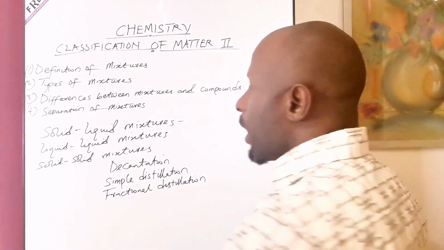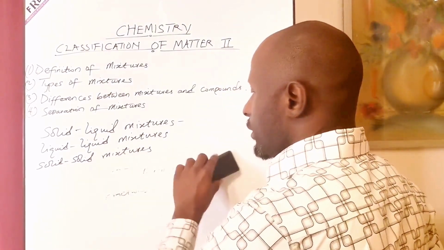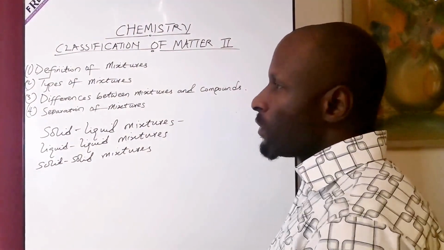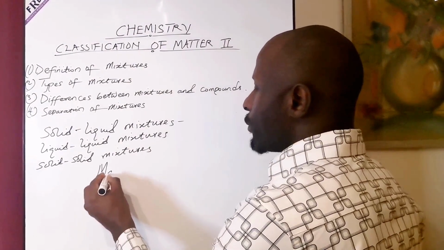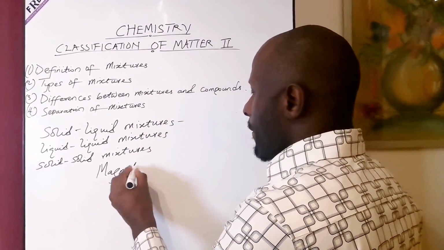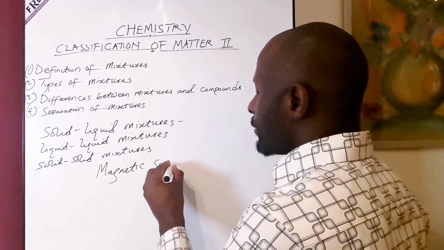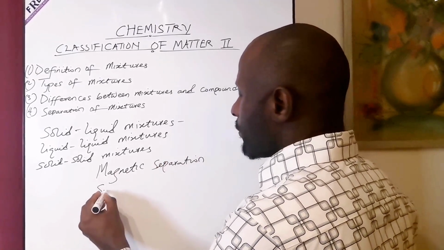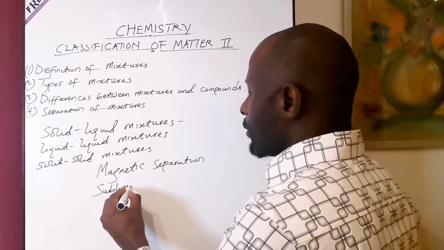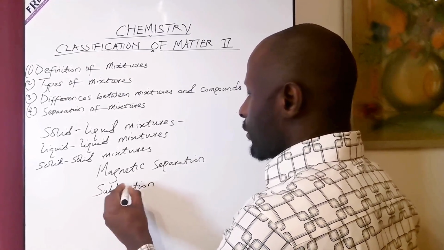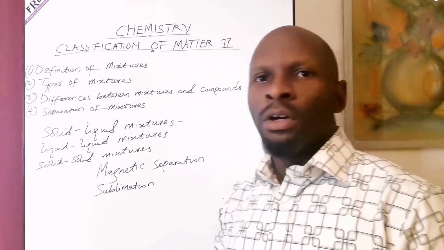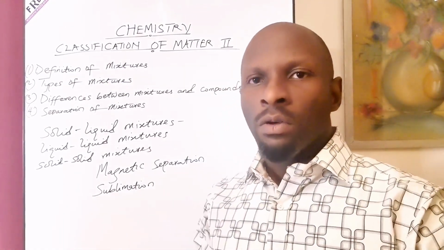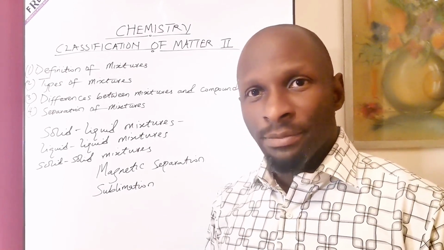Now, let's talk about solid-solid mixtures. In the case of solid-solid mixtures, we can use methods such as magnetic separation. And we can use sublimation. Okay, now for us to use magnetic separation, a condition must be met.